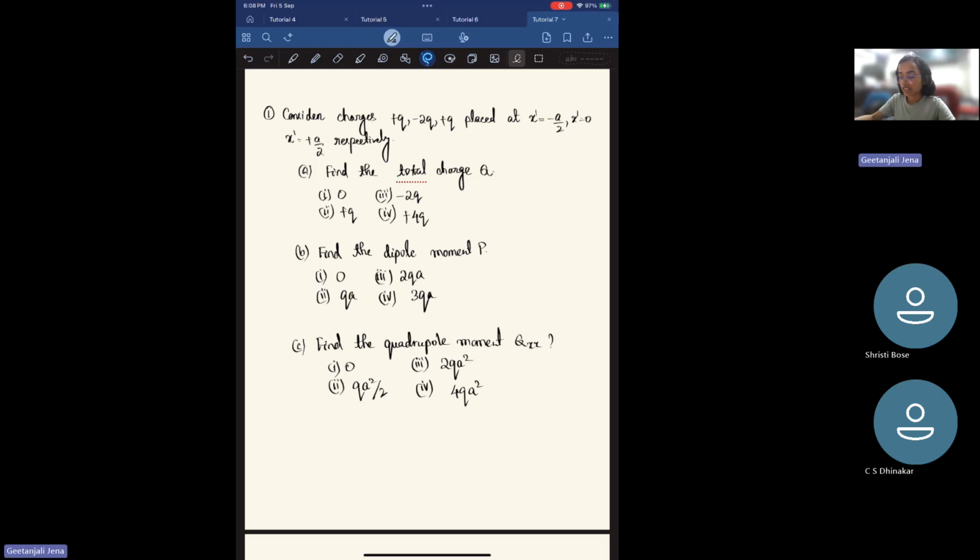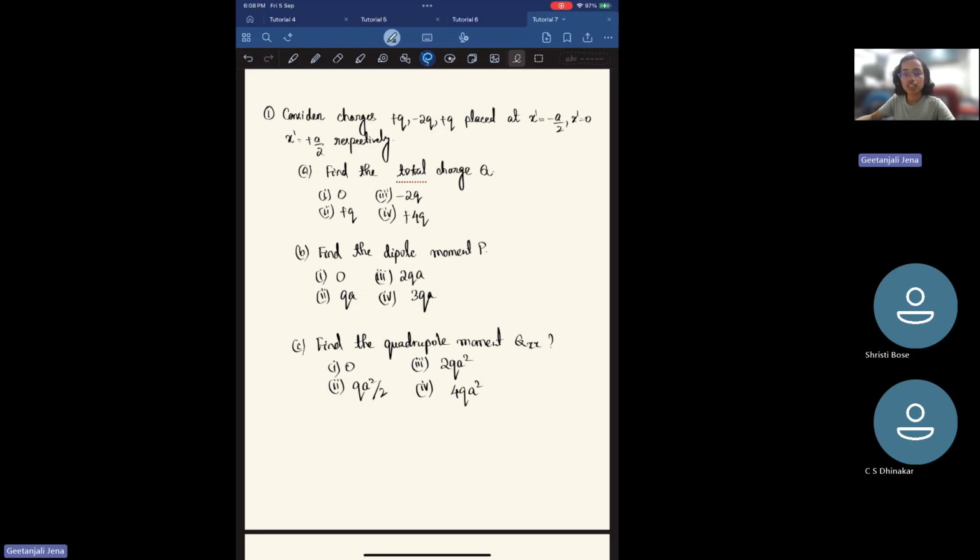If you see, question number one has three parts. In the first part, you need to calculate the total charge, or the monopole moment. In the second part, you need to calculate the dipole moment.